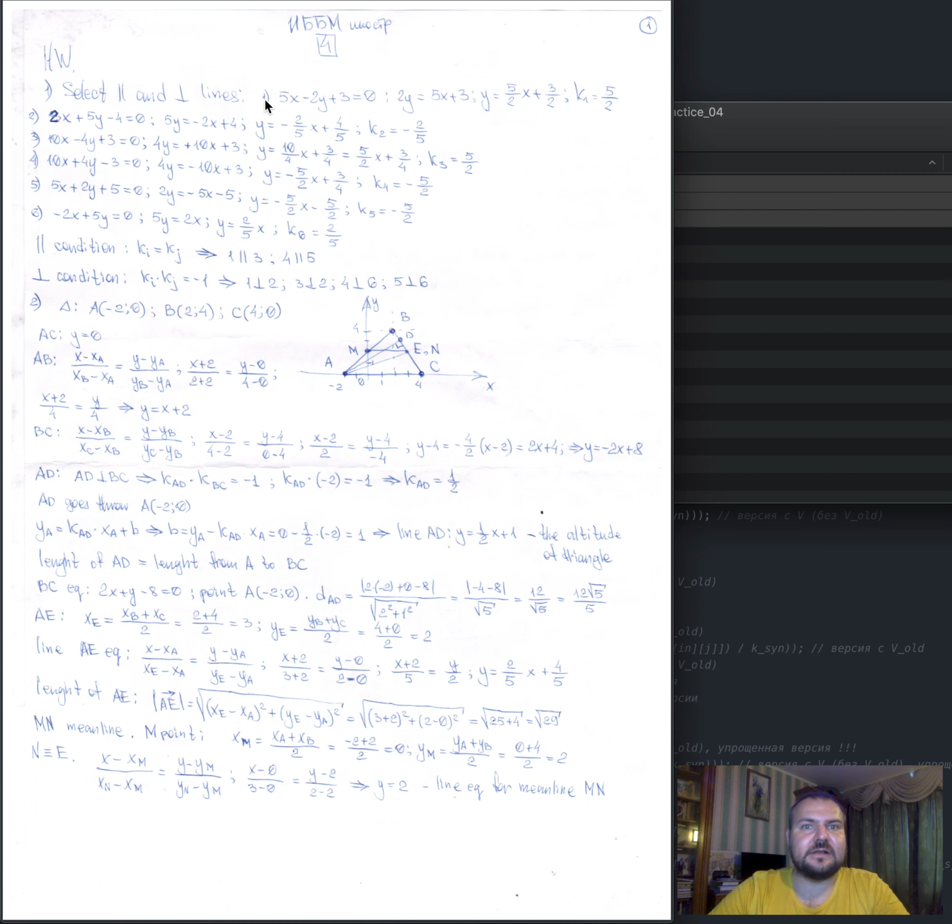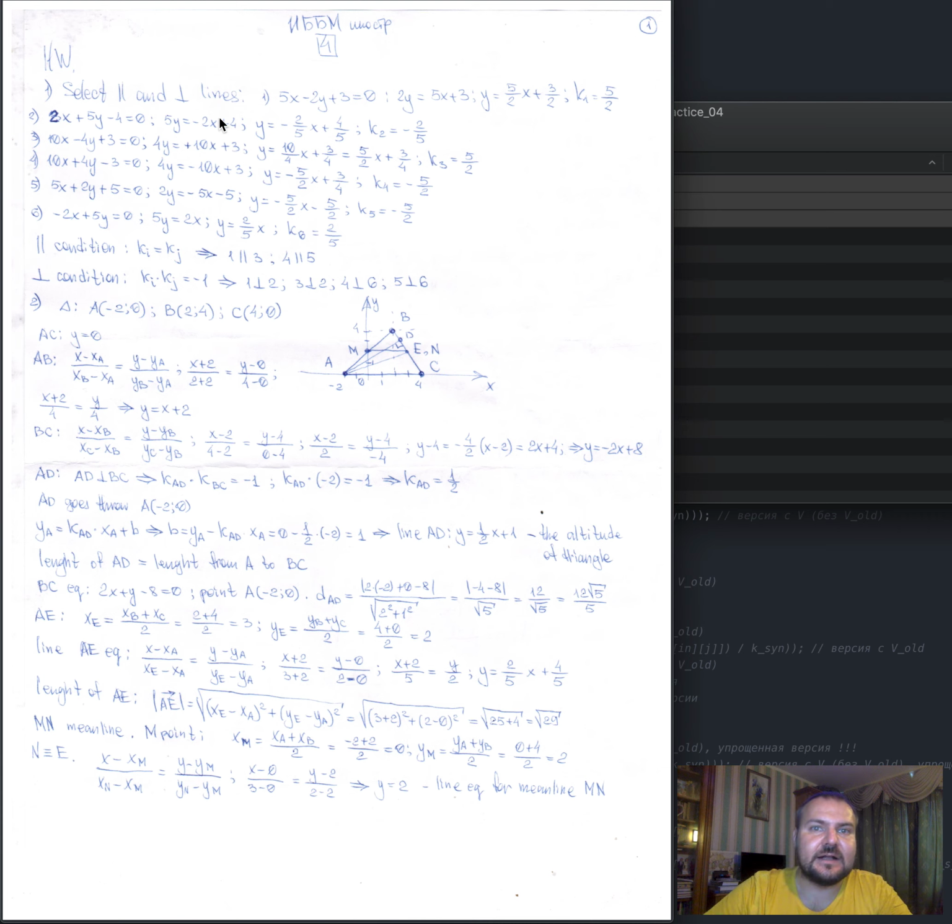So, first of all, you need to write all the equations of the lines in the normal form and find the slope values for every line.